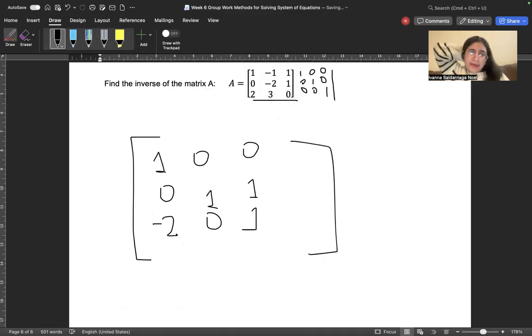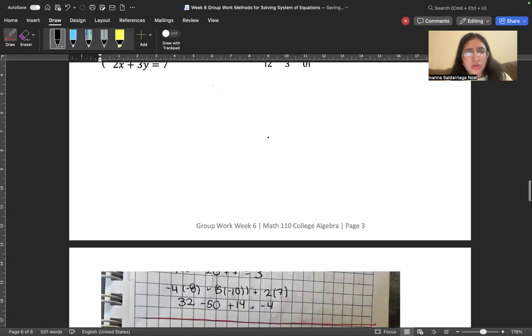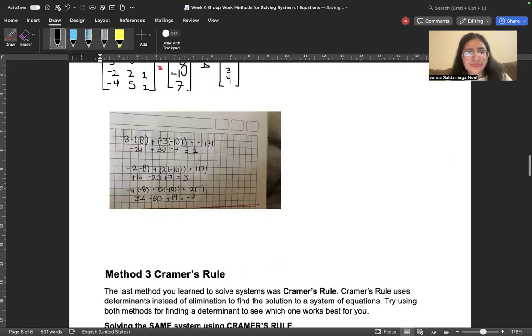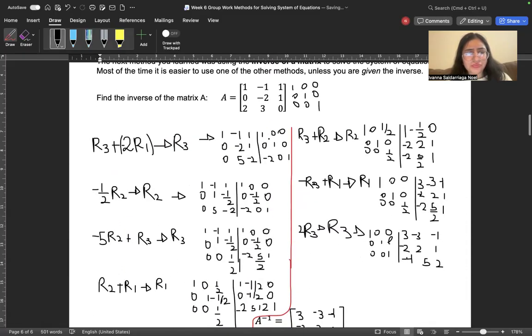R3. Okay. Next I did 1/2 R2 becomes R2. So 1/2. Oh, what did I put? 1/2 R2. This becomes 1/2, negative 1/2. Then I did minus 5 R2. Basically what I did here is the same.